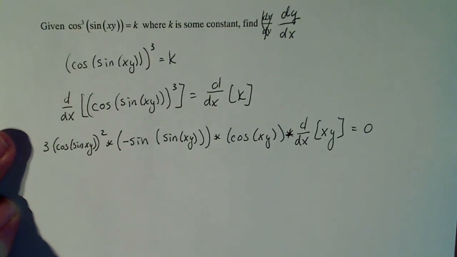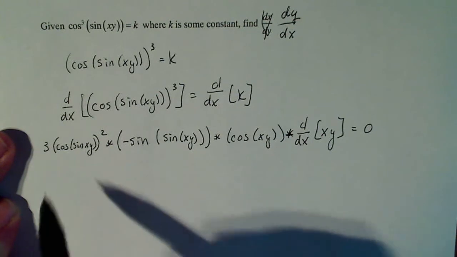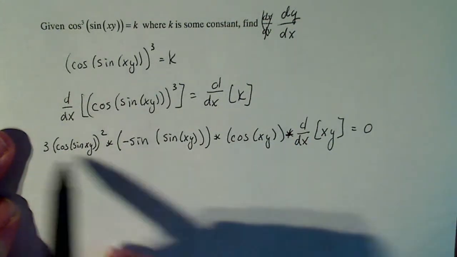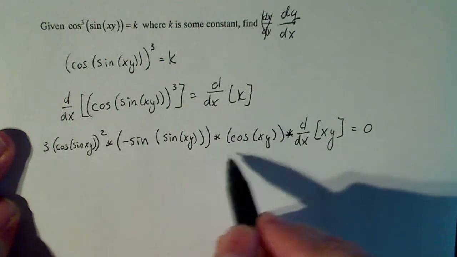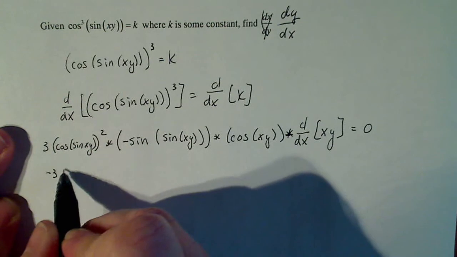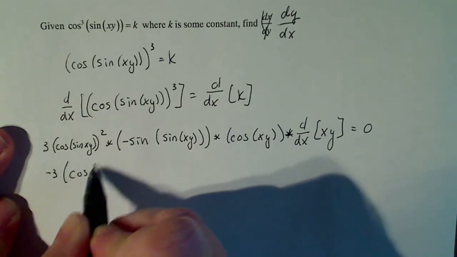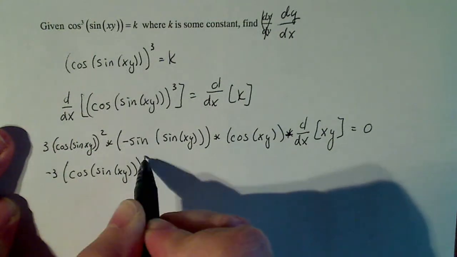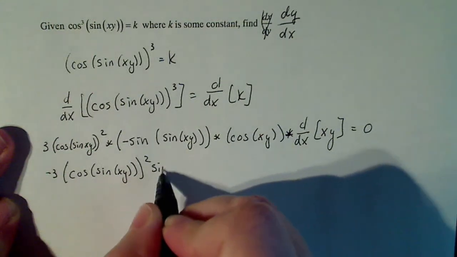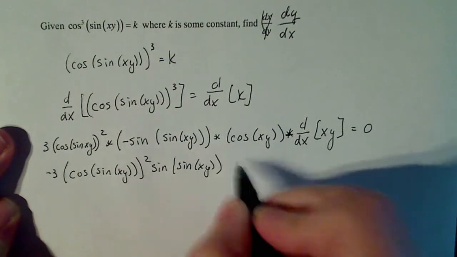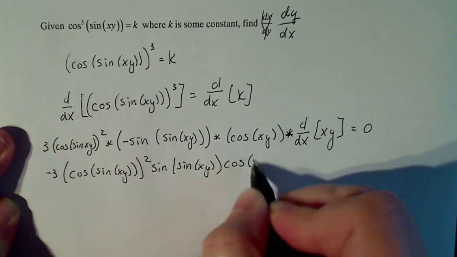All right, that's a really weird thing here. I guess I can move this around a little bit, but there's not a whole lot of simplifying that I can do here. So I'm going to put a minus 3 cosine of the sine of xy squared, sine of the sine of xy, cosine of xy.